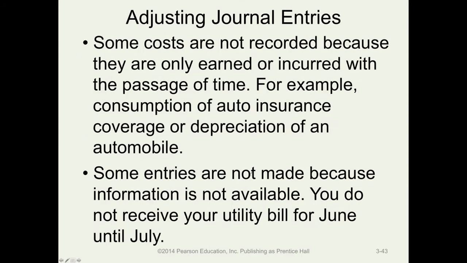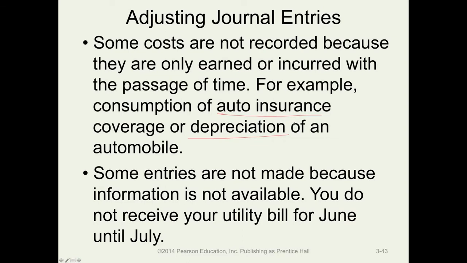Another reason would be simply with the passage of time. Insurance policies expire as coverage is used up, and depreciation is another type of expense that is based on time. If a car is going to last 5 years, every year, 1/5 of that car is used up or consumed.